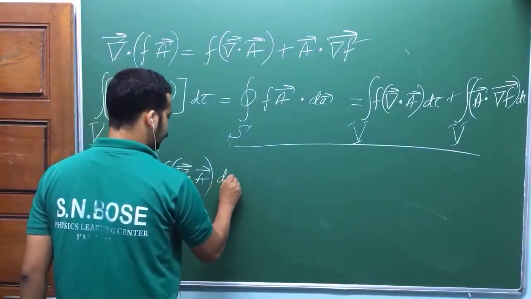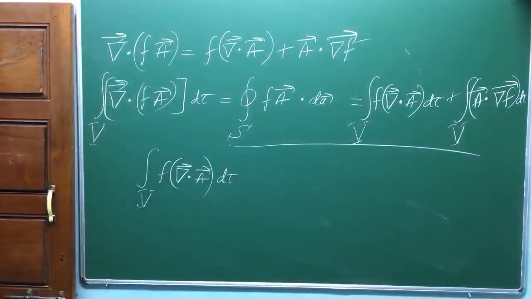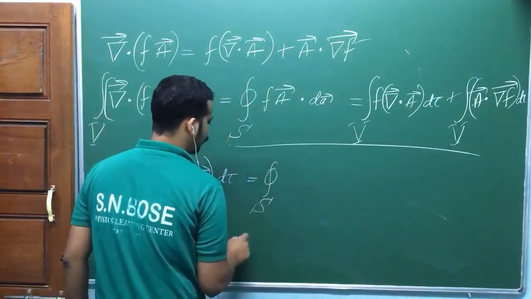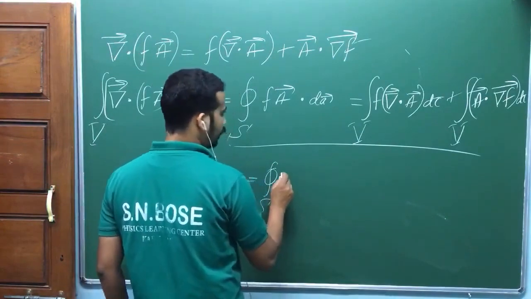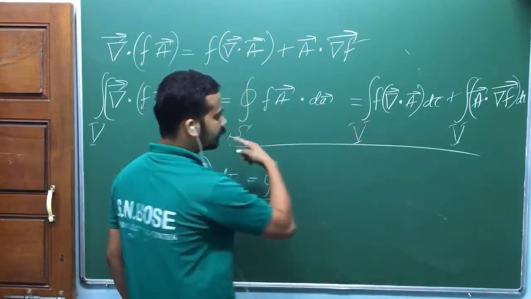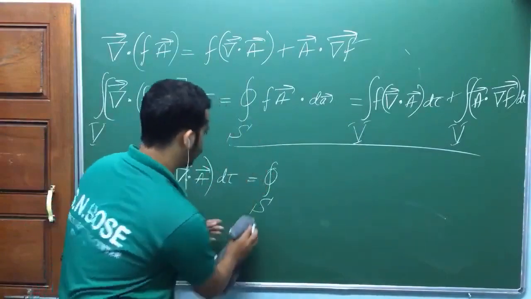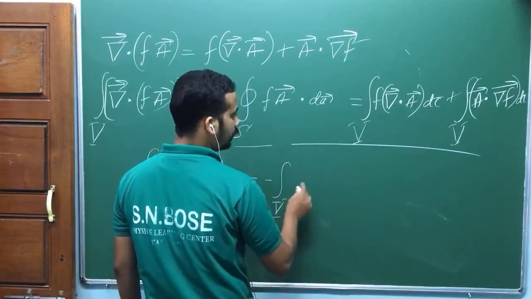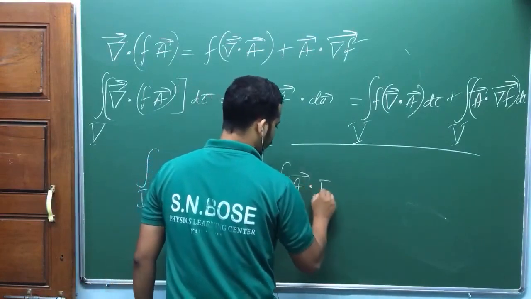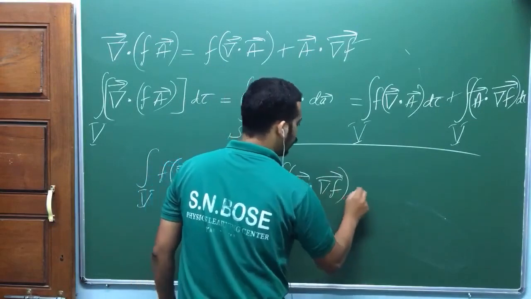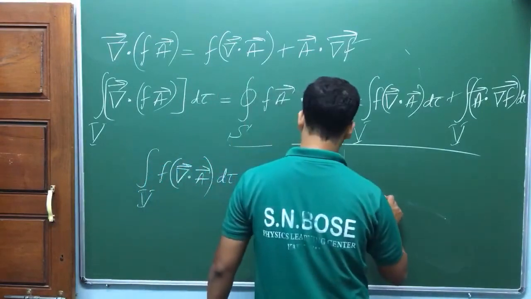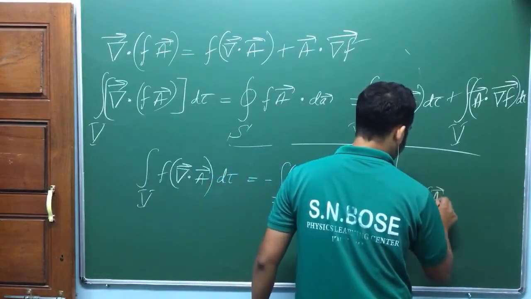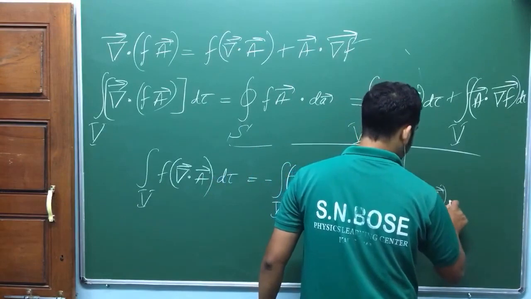So the volume integral of F del dot A d tau equals, if you take it to this side, a minus sign: minus the volume integral of A dot del F d tau plus the closed surface integral of F A vector dot dA vector.